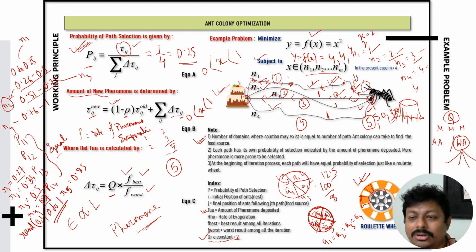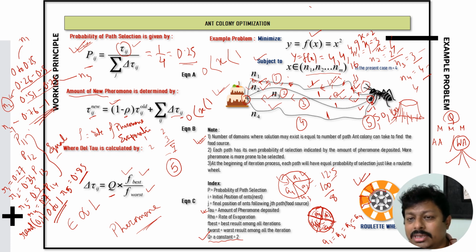So put x equal to 3, so the function value will become 9, correct? And then take the value of R5, it is 0.85, so it falls under 0.76 to 1. So it will be N4. N4 is here 4. So x is 4, so y is 4 square, 16. So the fifth ant will have a value of 16.